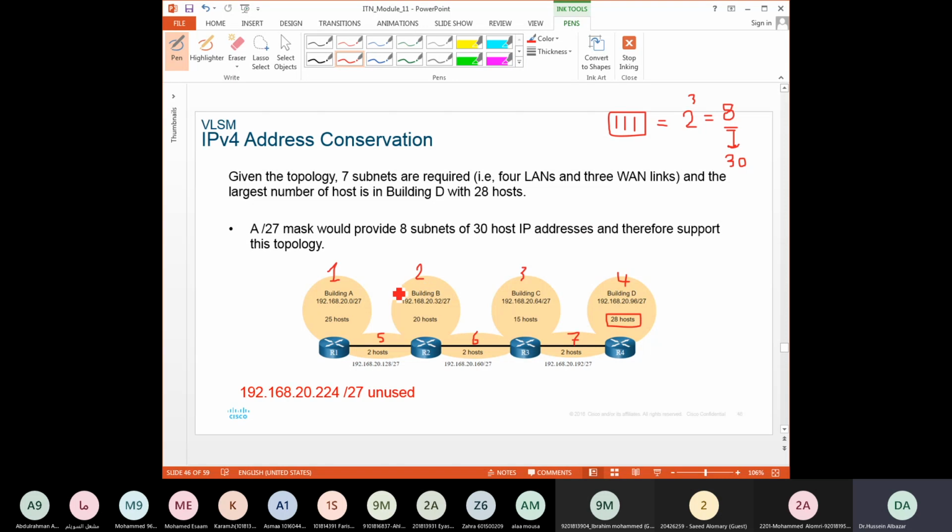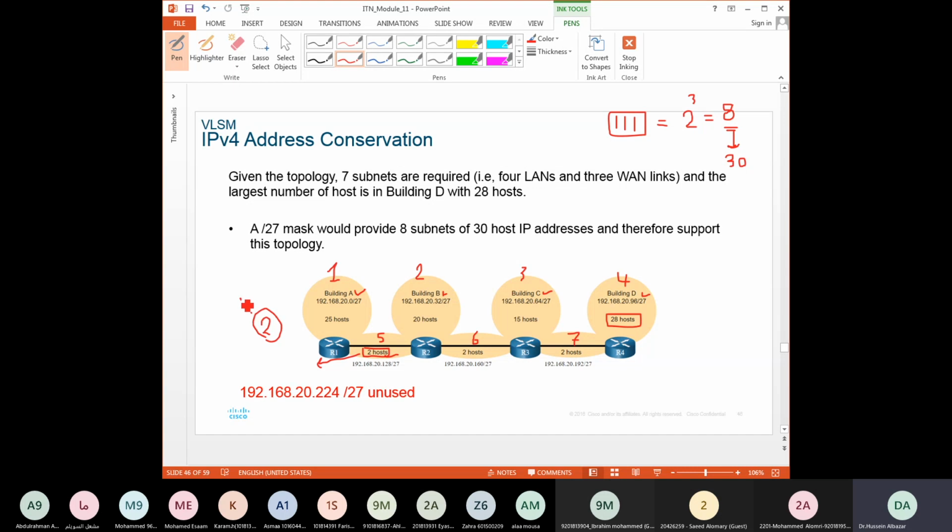So in this case, we will use the first subnet for building A, the second one for building B, the next one for building C, building D, and subnet number 5 for these 2 hosts only. So how many hosts have we used here? Only 2.